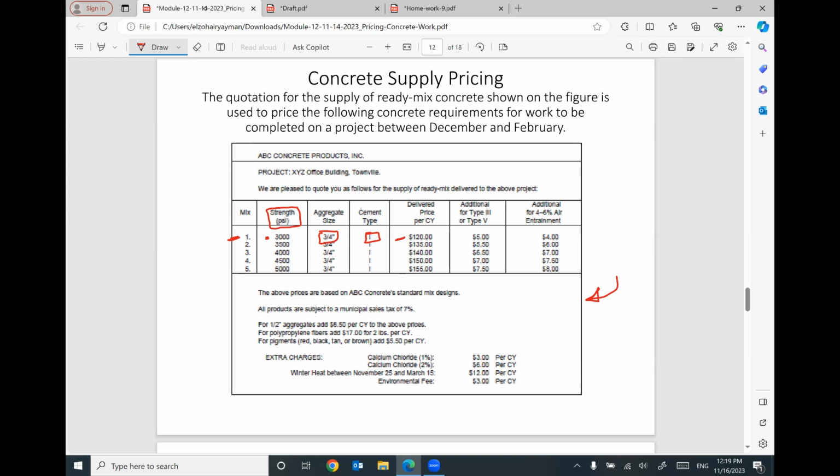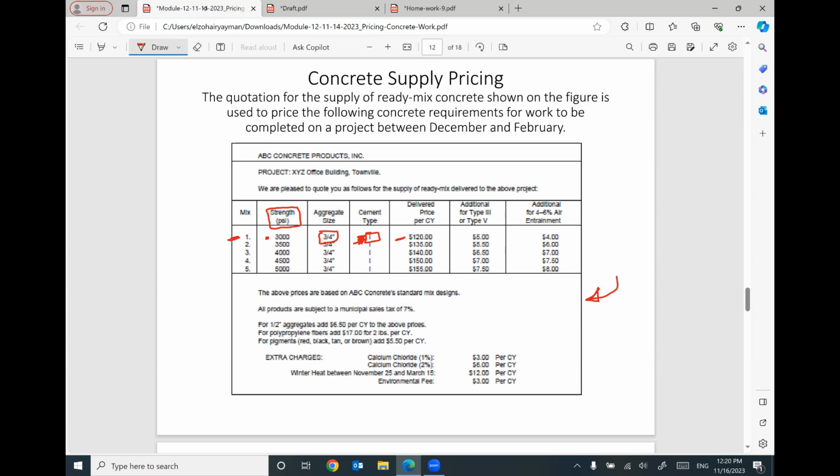But if you have something else or different specifications, we will have additional cost, and this table can tell you this. For example, if you would like to change the type of cement, as I mentioned before, for foundations maybe we are going to use a different type of cement to have more resistance to the groundwater table or to sewer water, if you have.